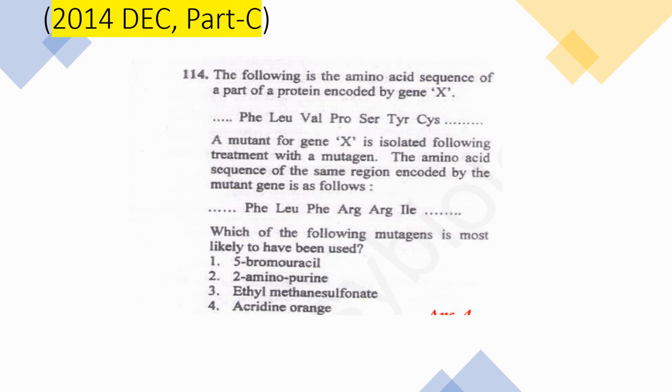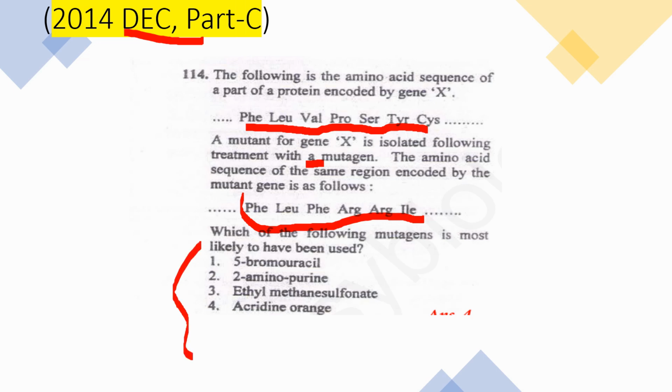So this question came in December 2014, part C. An amino acid sequence is given, and a mutant for gene X is isolated following a treatment with a mutagen, and the sequence is changed to this. Now the question is, which of the following mutagens is most likely to have been used?